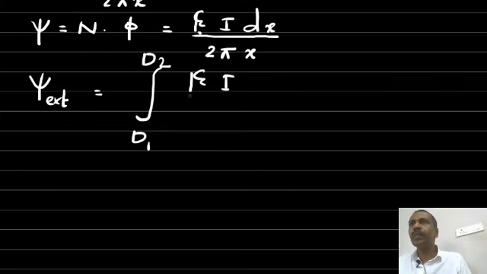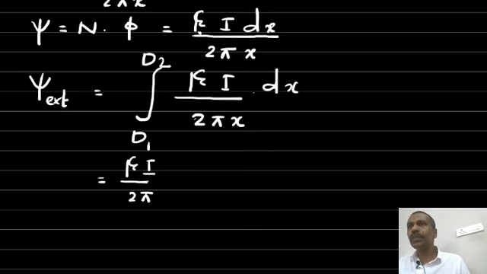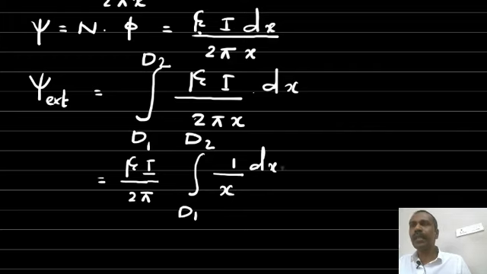Mu I divided by 2 pi x into dx, which is equal to mu I by 2 pi, a constant, into integral d1 to d2 of 1 by x dx.